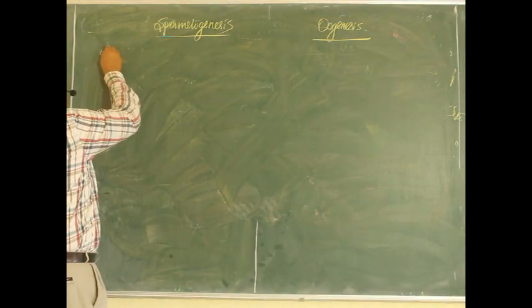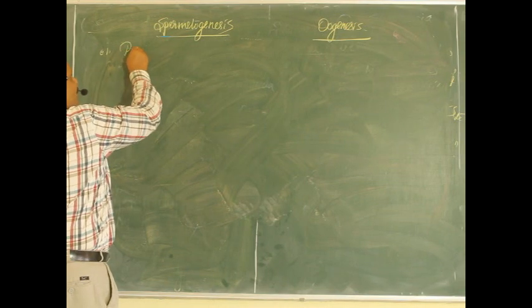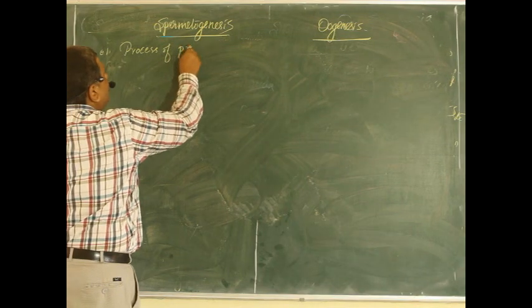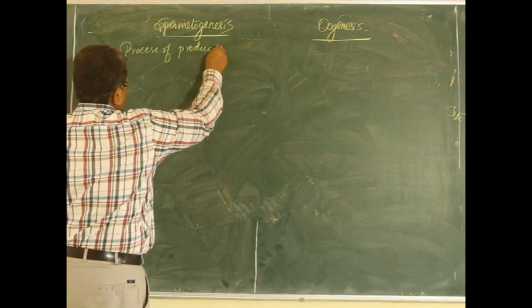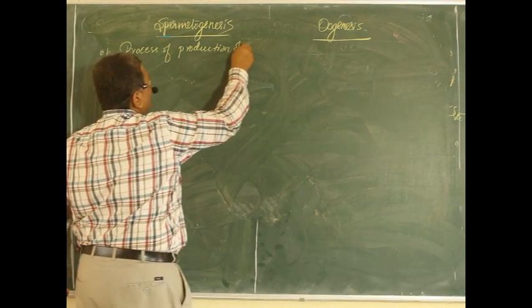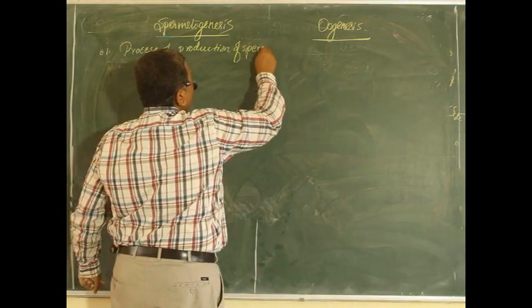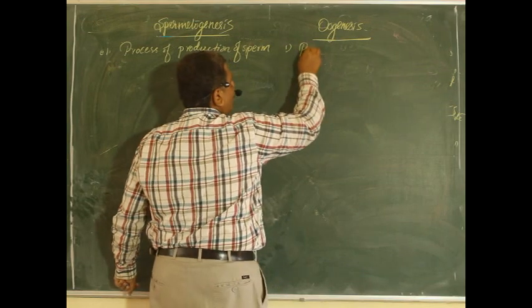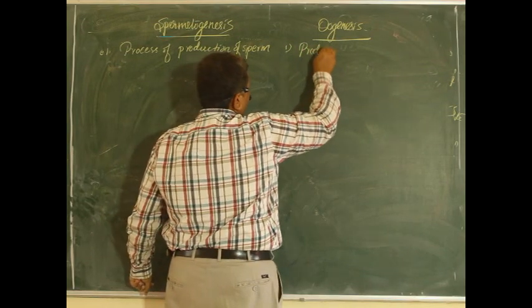First one is: spermatogenesis is the process of production of sperm, and here you can write oogenesis is the process of production of egg.